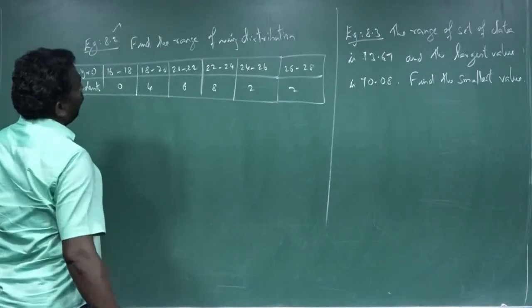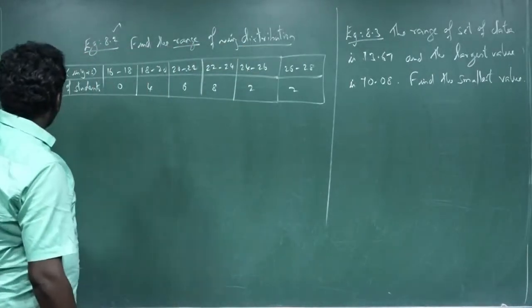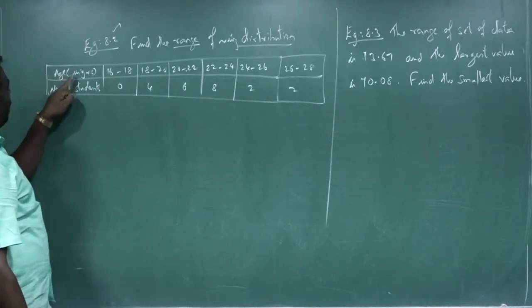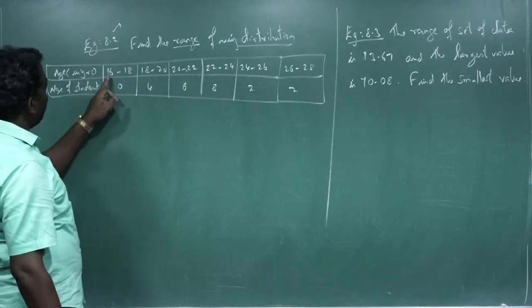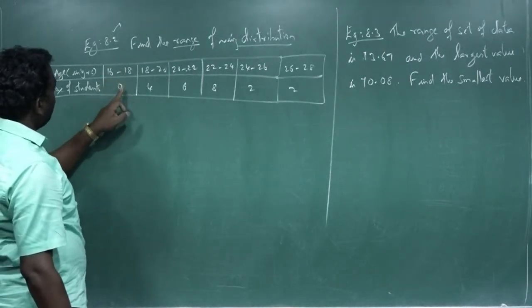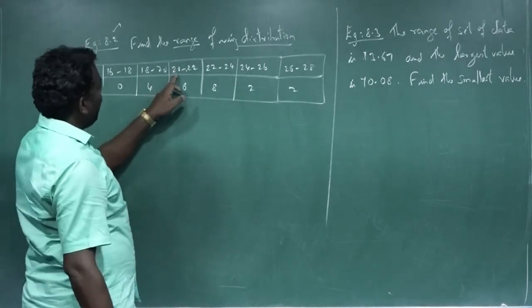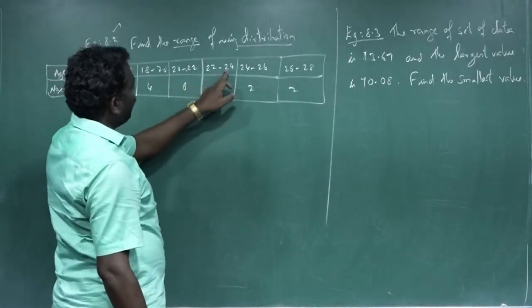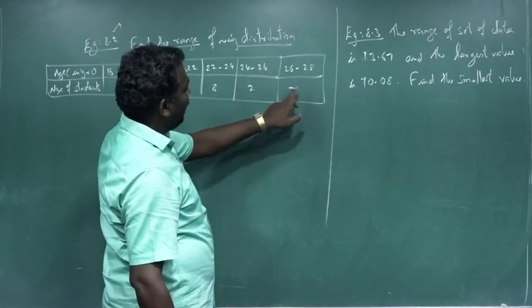Example 8.2. Find the range of the following distribution. The distribution is given as age in years and number of students. For 16 to 18, no students; 18 to 20, 4 students; 20 to 22, 6; 22 to 24, 8; 24 to 26, 2; 26 to 28, 2.